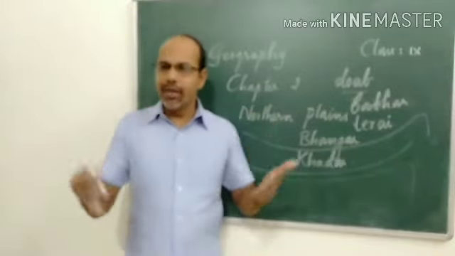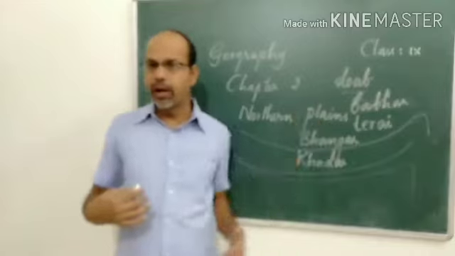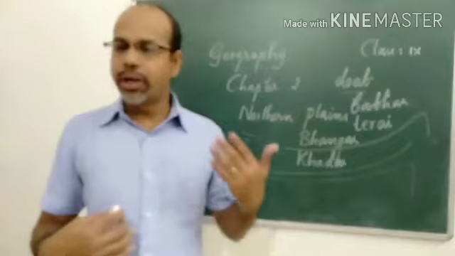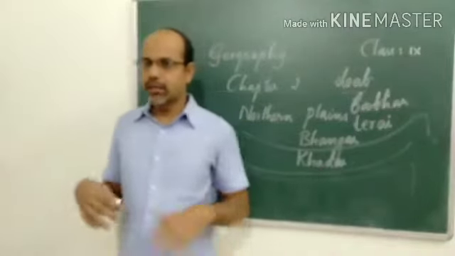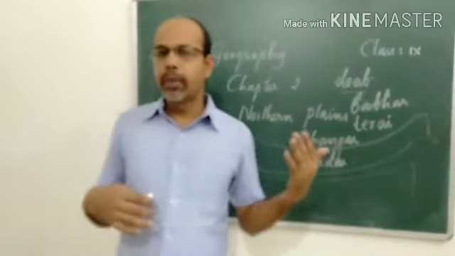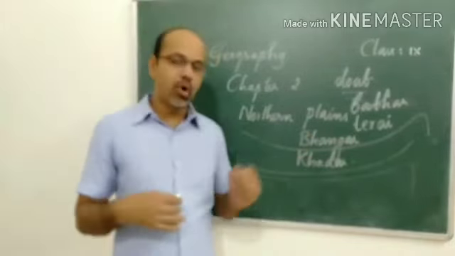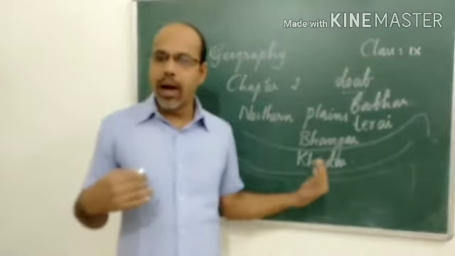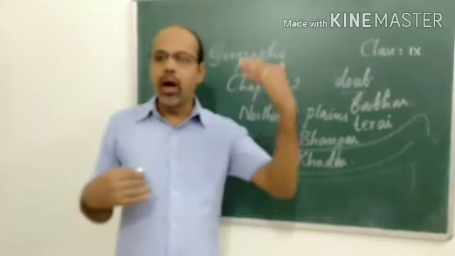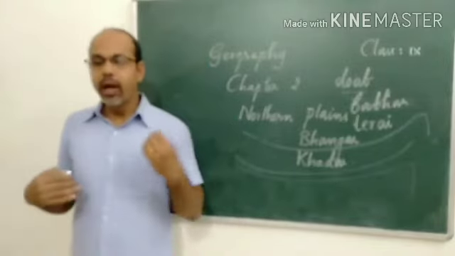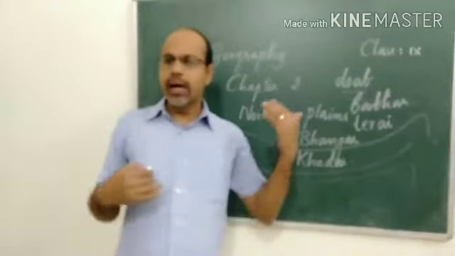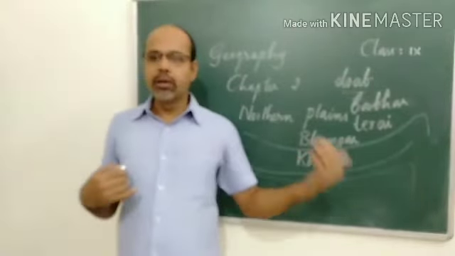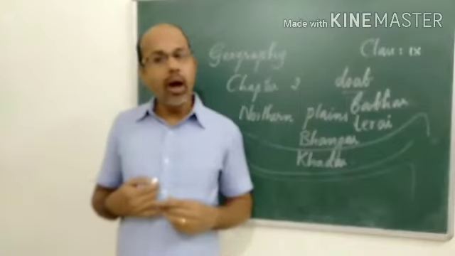They are renewed every year because during the flood or rainy season the alluvium is washed away or soil erosion takes place. Every year it is renewed, so Khadar is more fertile than Bhangar. Because the soil is renewed every year, it is ideal for intensive agriculture. So Khadar is the newer alluvium which is good for agriculture.